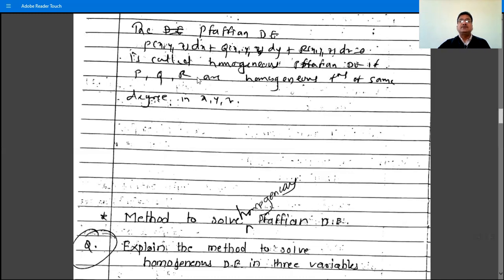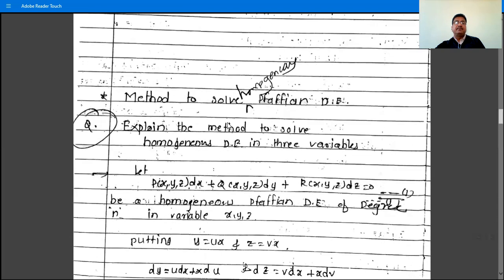So this is the definition of a homogeneous Pfaffian differential equation. P dx plus Q dy plus R dz is equal to 0 is called a homogeneous Pfaffian differential equation if P, Q, R are homogeneous functions of the same degree.